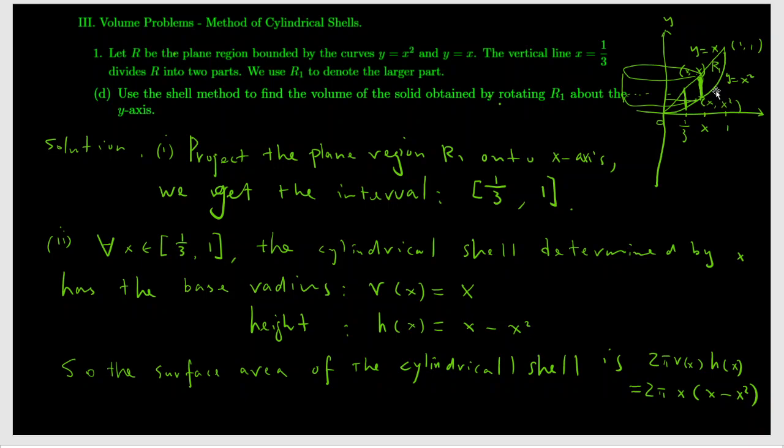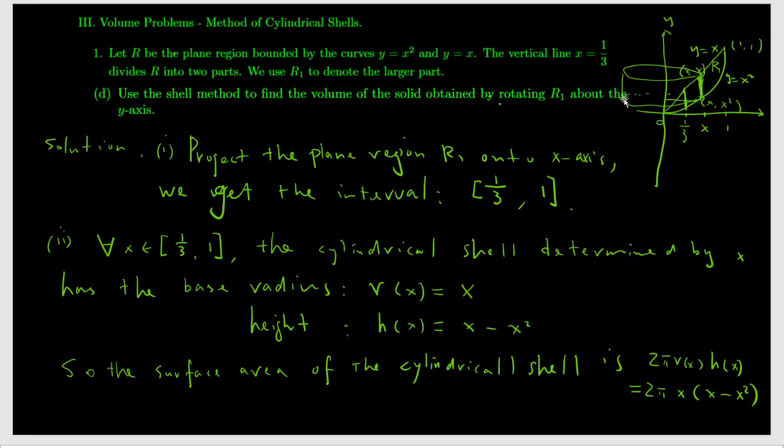Now let's listen to me carefully. I'm going to make more points now. I will start from the beginning. The plane region R1 is formed by many little line segments. Each little line segment will determine a cylinder, a cylindrical shell. So many little line segments will determine many cylindrical shells.